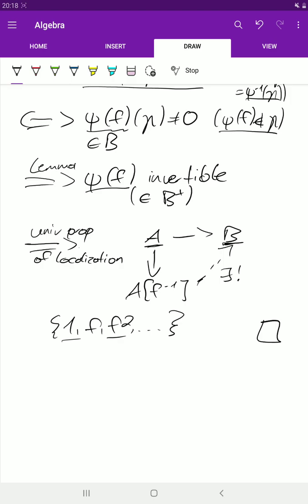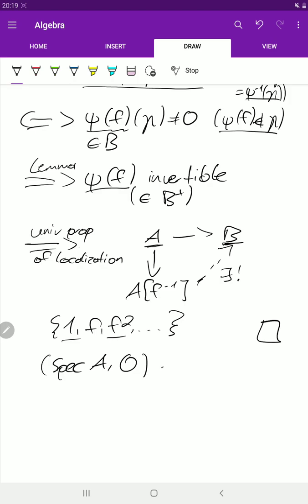The goal is to define Spec A and a structure sheaf, let's call it O. And then we want to show that if we define a suitable category, we get an equivalence of categories between rings and affine schemes.